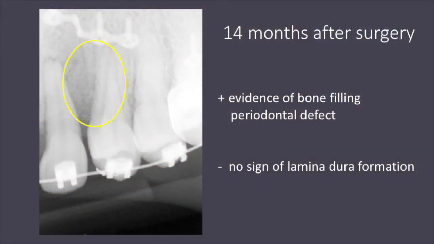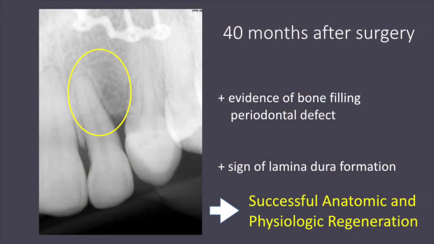One of the aspects of this is that the regeneration does not occur immediately. After 14 months, we can see bone has formed in that region, but there is no clear lamina dura. After 40 months of follow-up, we can see that the lamina dura has now reformed over the lateral incisor tooth, and also that the bone that is filling the gap shows a normal structural architecture with normal trabeculae.